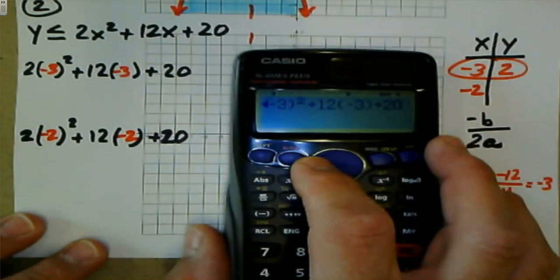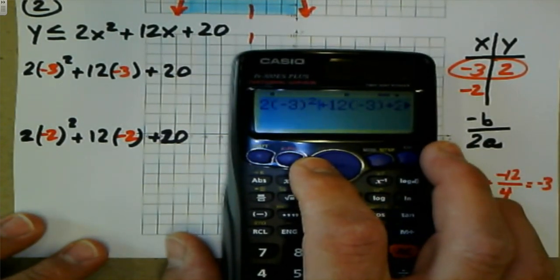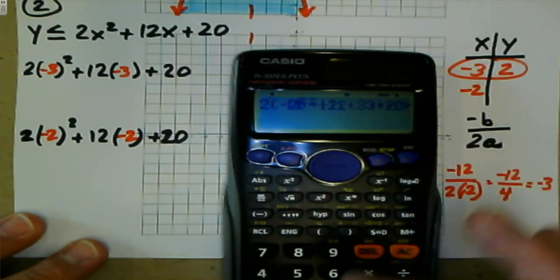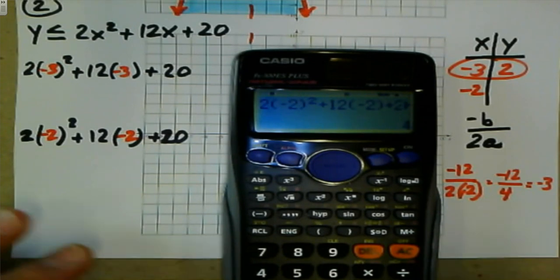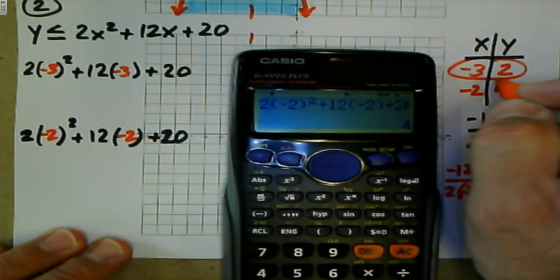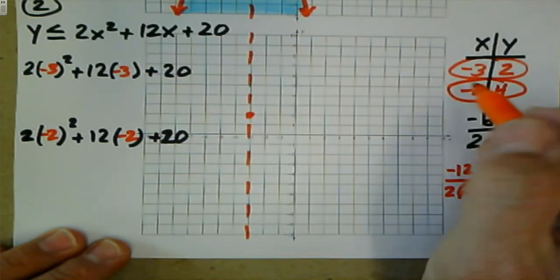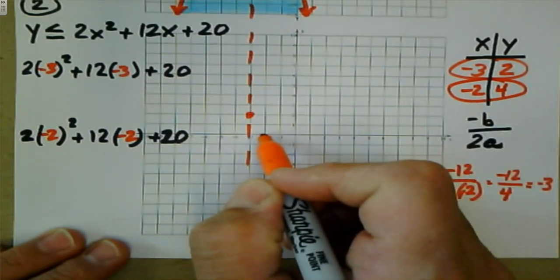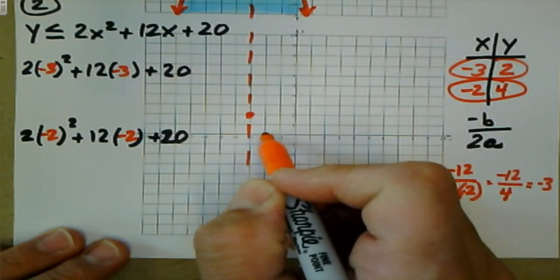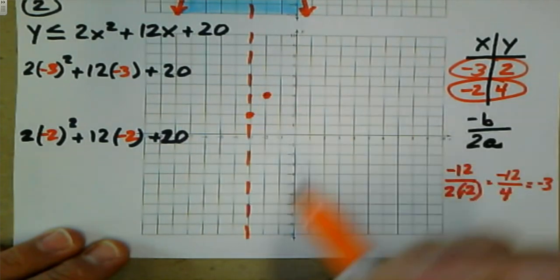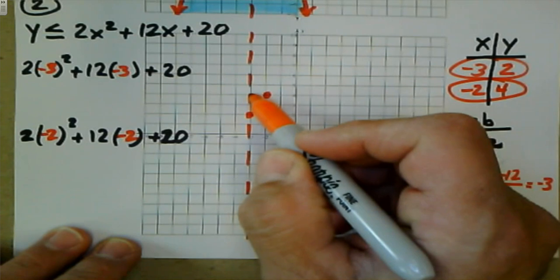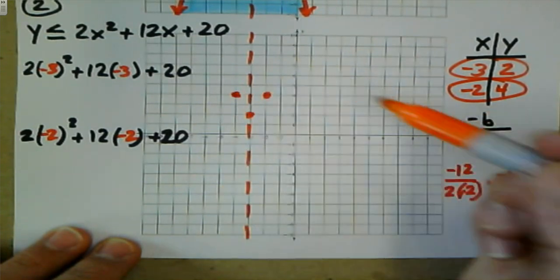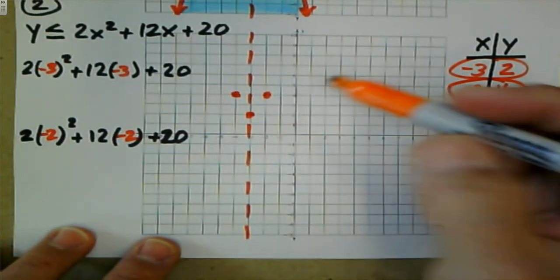On our wonderful, fantastic calculators, you just delete the 3, put the 2. It equals, and we get 4. That is our next coordinate point. So we go to negative 2 on the x and 4 on the y, and that's way up there. We went 1, 2, and 1 to the right, so we're going to go 1, 2, and 1 left from the vertex, that part right there.